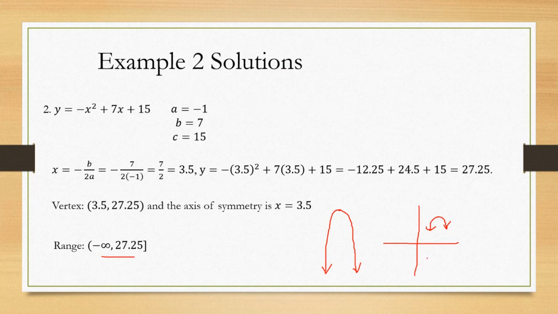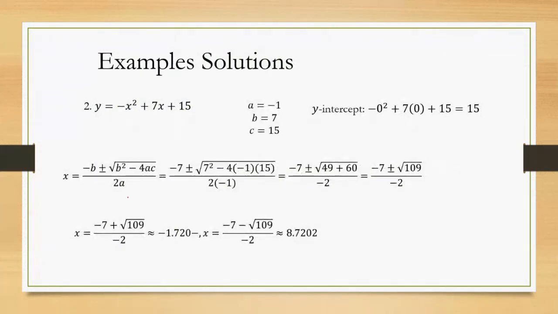And we can figure out what they are using the quadratic formula. I mean, they're not super nice numbers, but they're okay. We have the y-intercept also. You replace x by 0, and you get 15, as you can see.